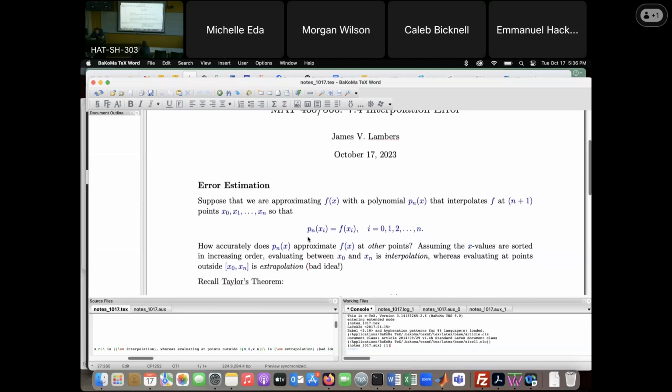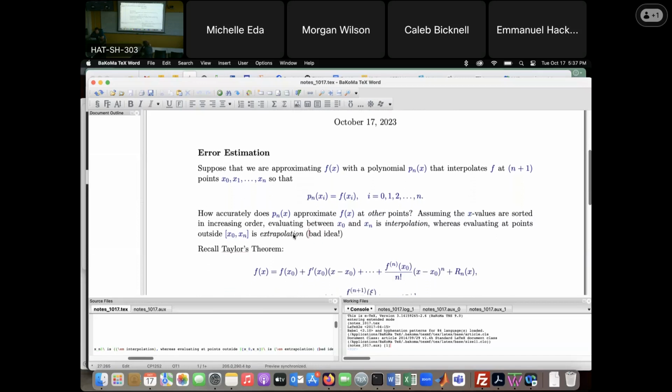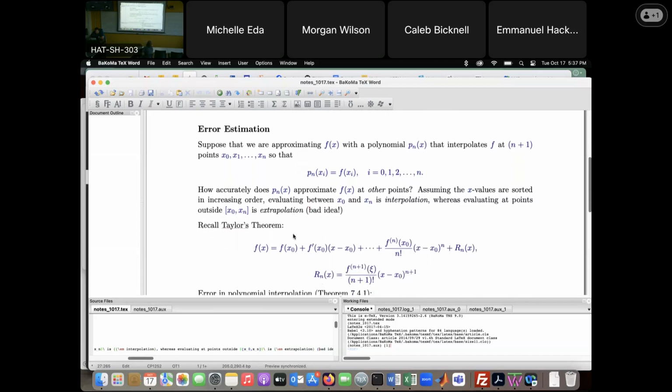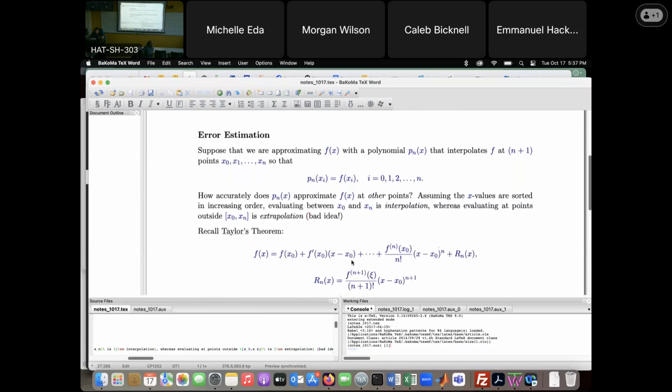So, there is a theorem that indicates how closely Pn of x approximates f of x at a given x. But before I state that, I'm going to recall a theorem that you're familiar with. That's Taylor's theorem. So Taylor's theorem is repeated here.